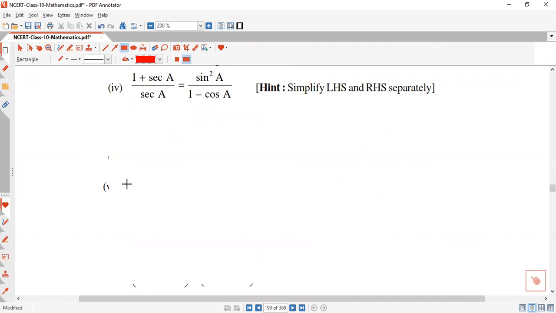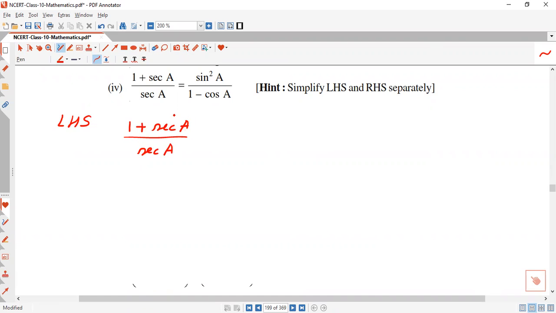Given is 1 plus sec A divided by sec A. We start with the left hand side and want to simplify this. First of all, I will convert all the trigonometric ratios in terms of sine and cos.